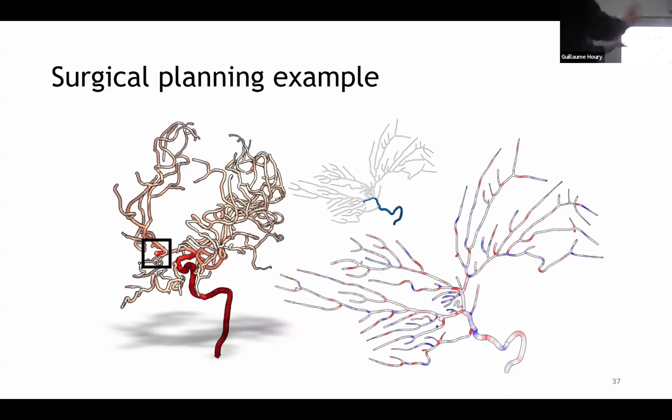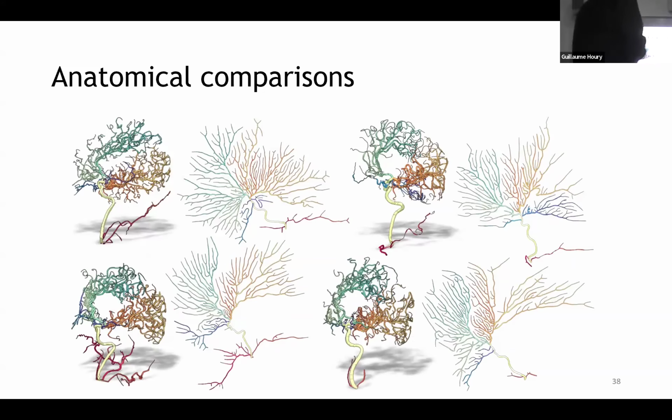So there was a surgical planning example, but we also tried the method on different other things. Here are some other brains. Still the same data, but where we colored the different areas of the brain to see how it differs from one image to the other.